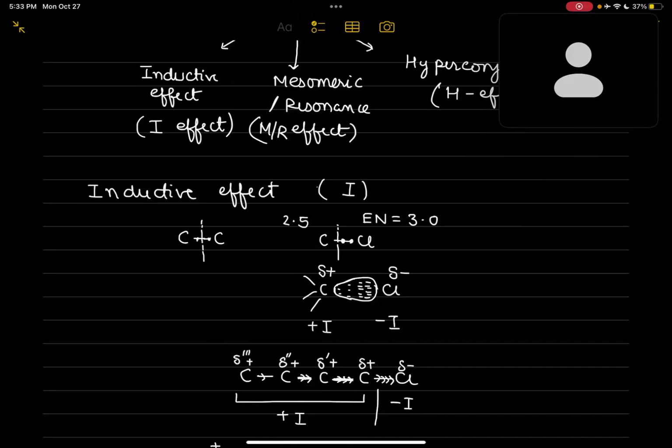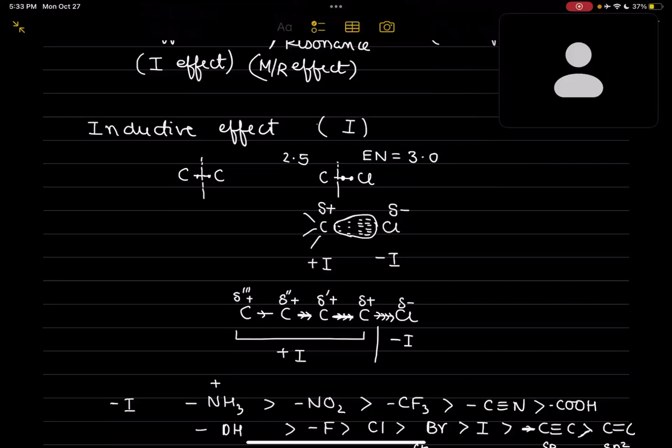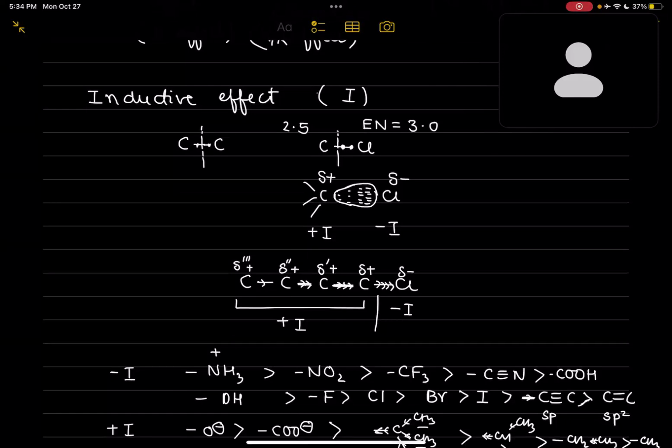And the electronegativity difference causes the electron cloud to get shifted in one direction. And that results into partial charges on the constituent atoms, which are bonded to each other. Clear or not?